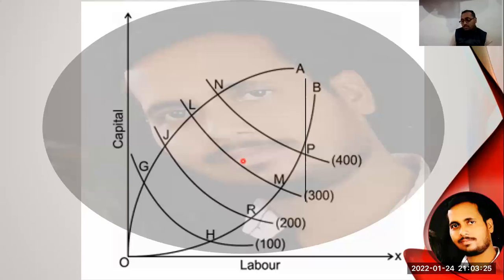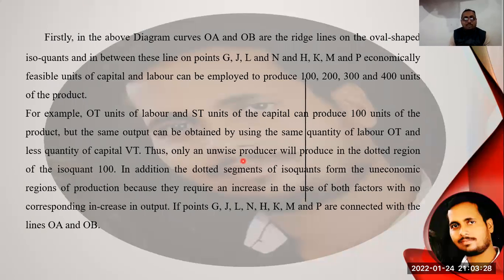Now see, students, for example, OT units of labor and ST units of capital can produce 100 units of production, but the same output can be obtained by using the same quantity of labor OT and a smaller quantity of capital VT.